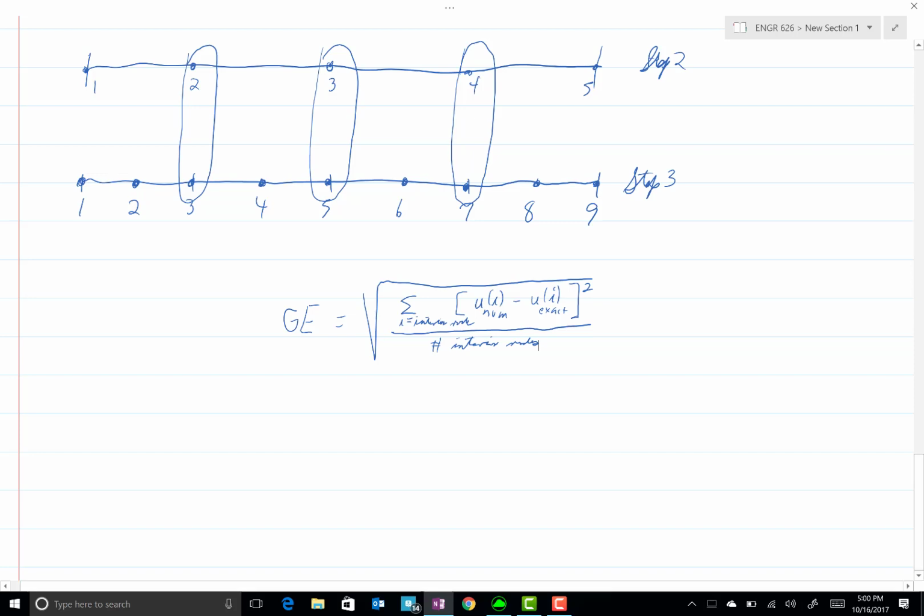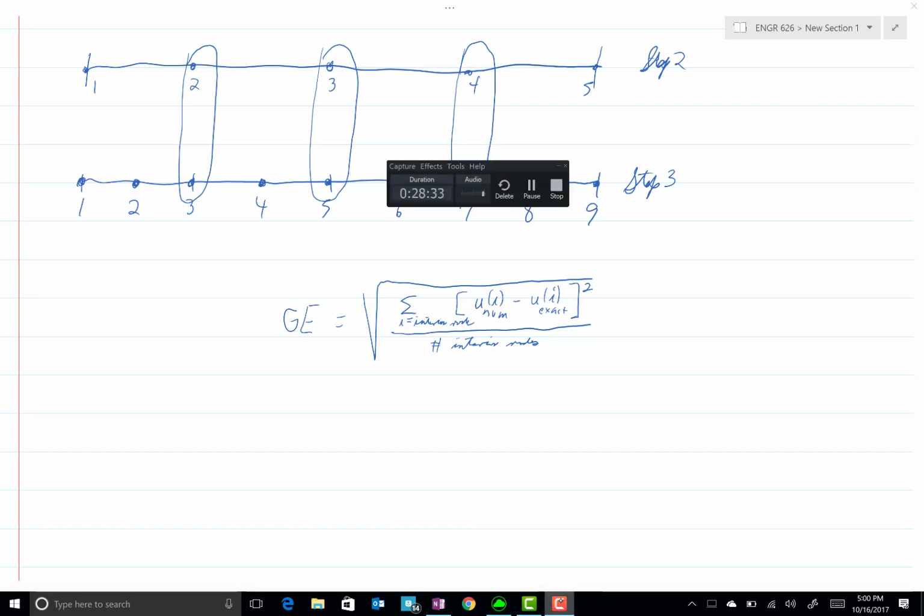And at each step, with your Richardson extrapolate solution, you'll need to calculate the global error so that you can keep track of the global error as a function of the spacing. Because in the end, you're going to want to plot the log of that global error versus the log of the spacing. So hopefully this will clear up some of the hesitations about the Richardson extrapolate solution.